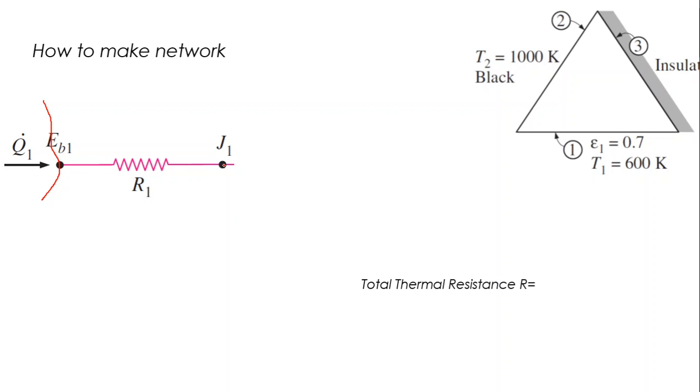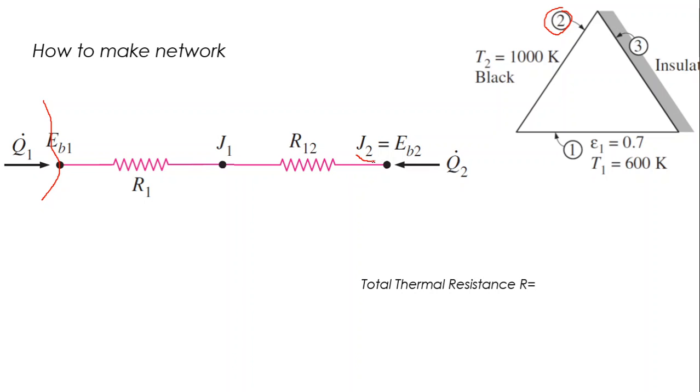Okay, so now we will move toward surface 2. We already know in this case surface 3 is an insulated surface. So there will be space resistance between surface 1 and surface 2, that we are going to draw like this, R12. What is R12? Space resistance between 1 and 2, and its value will be equal to 1 divided by A1 into F12. And then as usual we will have J2.